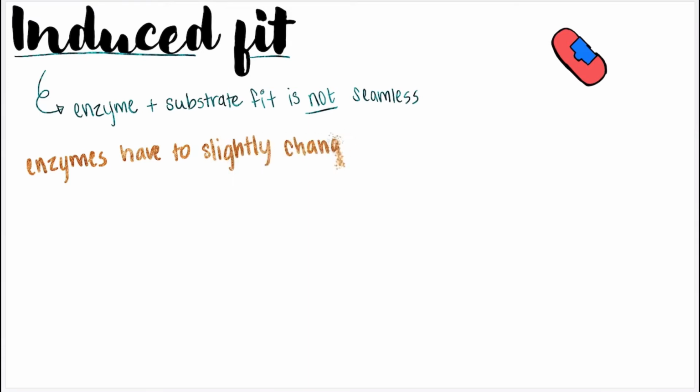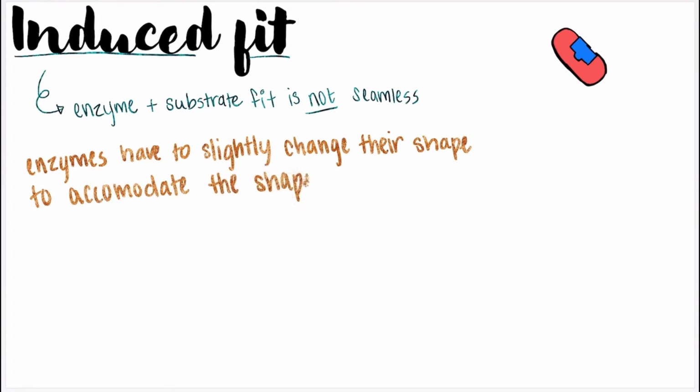Okay, so they do slightly change their shape to accommodate the substrate that they're working with. Okay, so this is the term when we're talking about induced fit. Your substrates will induce your enzyme to slightly change their shape, and then it fits.